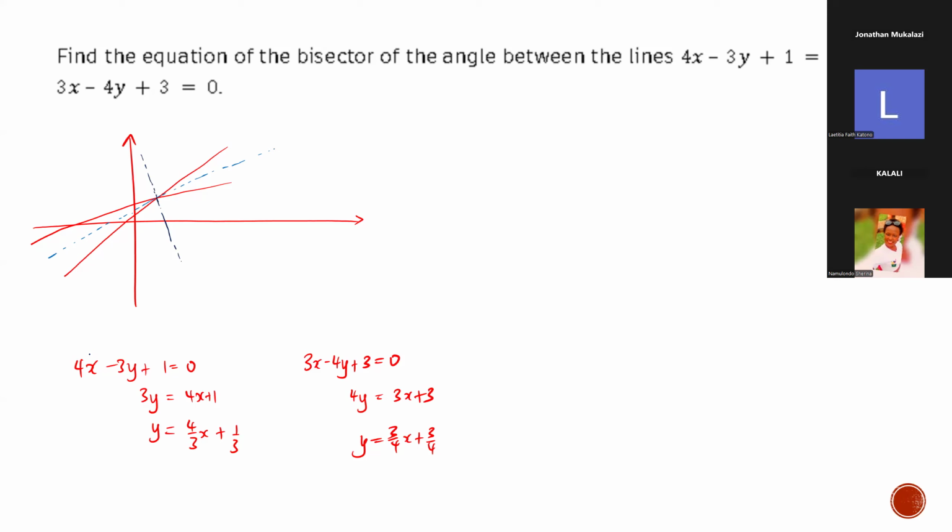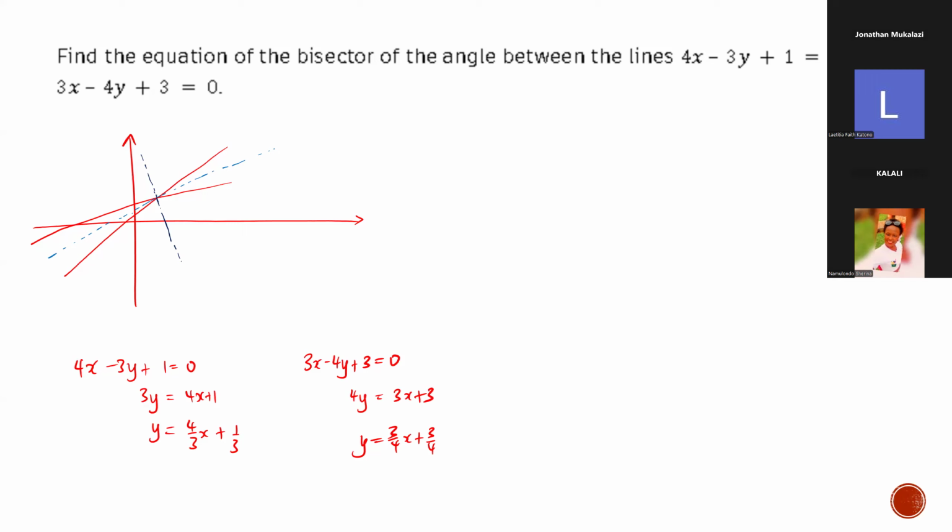That means you relate the gradients of the lines to the angles that the lines make with each other, and then think about how you can manipulate those to get the equation of the angle bisector.